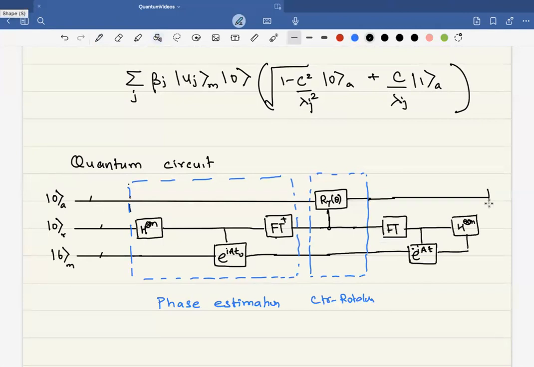And finally, the measurement over here. So this final step is the measurement step. And we have to post select on the ancilla being 1.